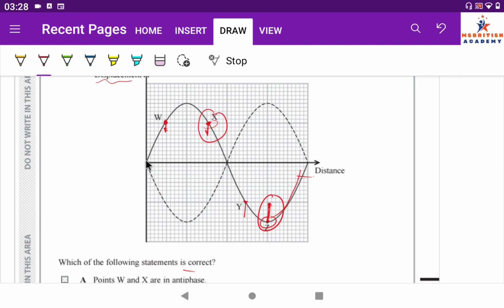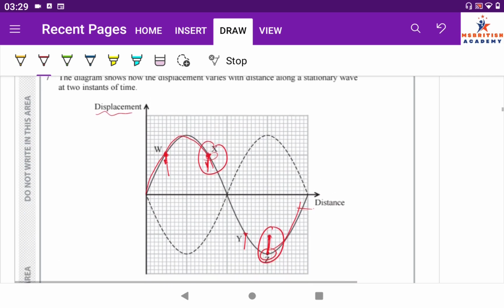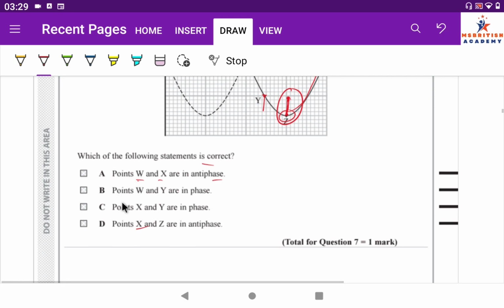And in this form you can check, here this particle will also want to go down, and this particle also wants to go down. So in question number 7, D is the correct answer. X and Z are in antiphase.